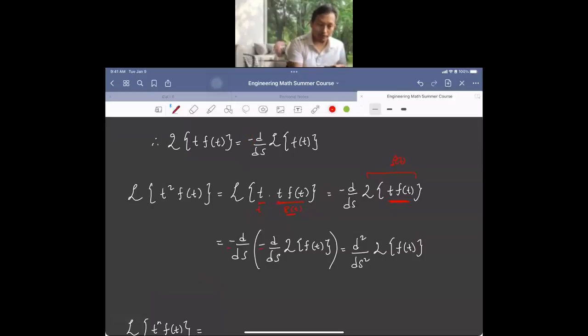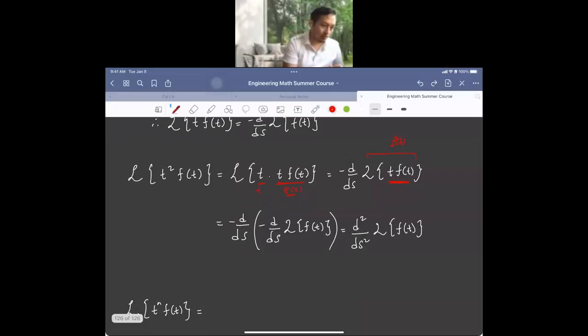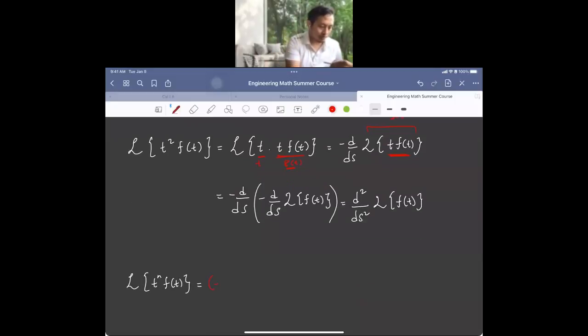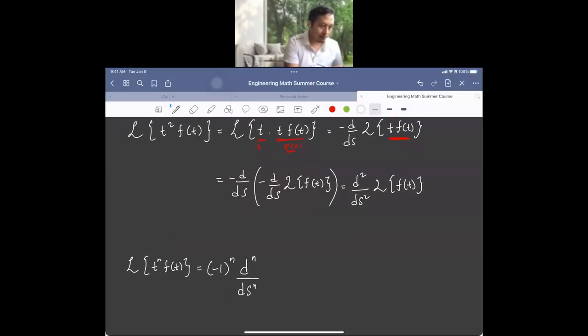When we have the second derivative, negative times negative becomes positive. So whenever we have a power that is odd, like 1, 3, 5, it will have the negative. If we have the even, like squared, 4, 6, and so on, we will have a positive. So this will be equal to negative 1 to the power of n, and then how many derivatives depends on how large n is.